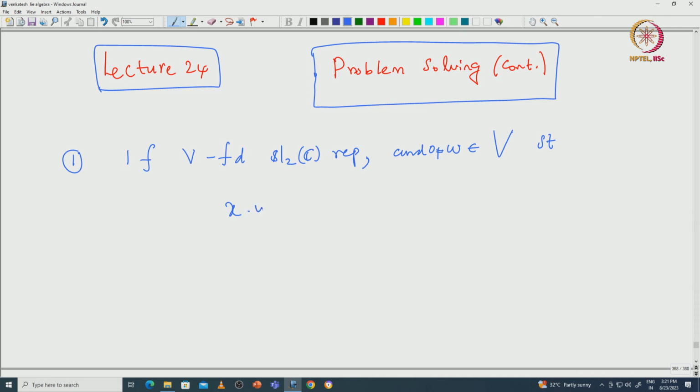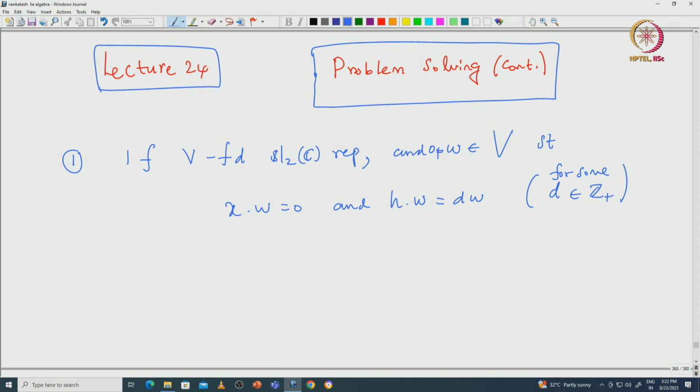So, x kills w and h acts as some scalar. Let us say that scalar is d, for some d in, let us say, Z plus.